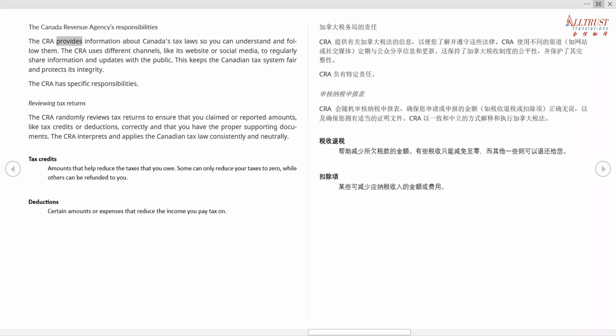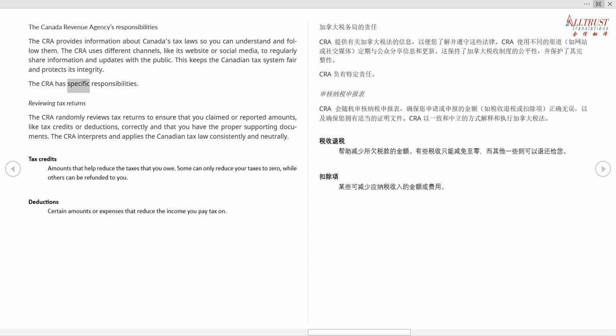The CRA provides information about Canada's tax laws so you can understand and follow them. The CRA uses different channels, like its website or social media, to regularly share information and updates with the public. This keeps the Canadian tax system fair and protects its integrity.